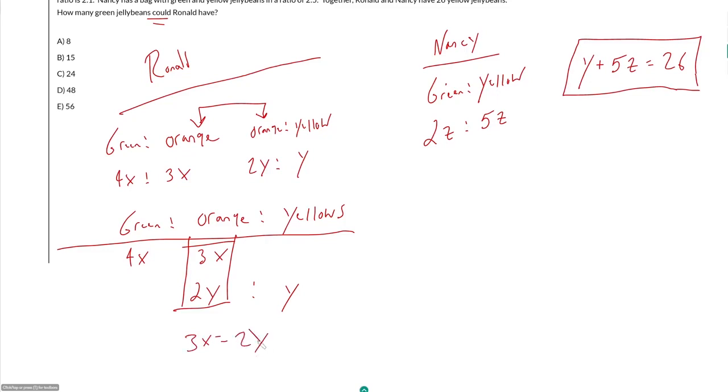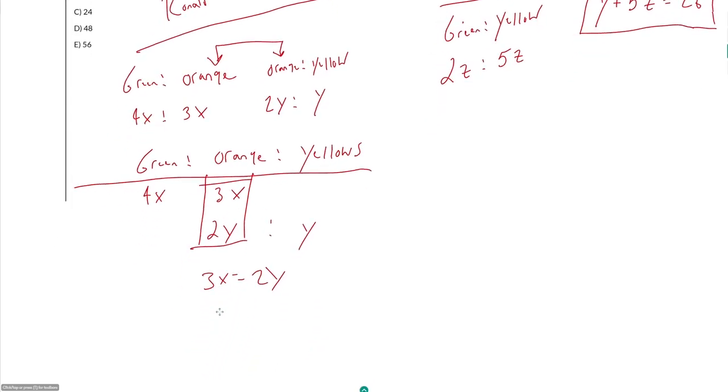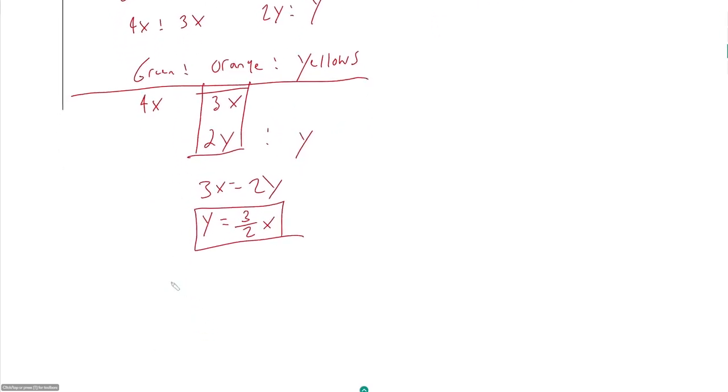This is all I know. I think in the last video, last time we had to do this, we got everything in terms of y. Let's get everything in terms of x. So if we want to get everything in terms of x, we got to put this equation in terms of y. So y is equal to 3/2 x. So we want to get all of Ronald's jelly beans in terms of x.